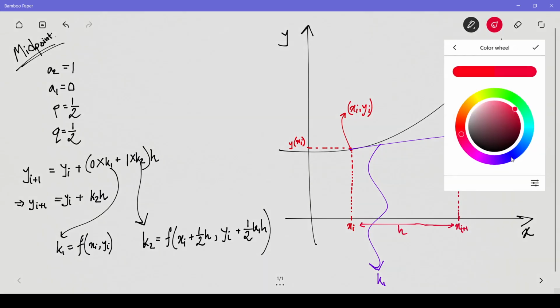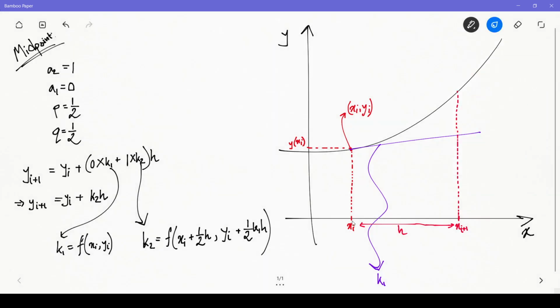I'm eyeballing it again. This thing is the midpoint between x sub i and x sub i plus 1.